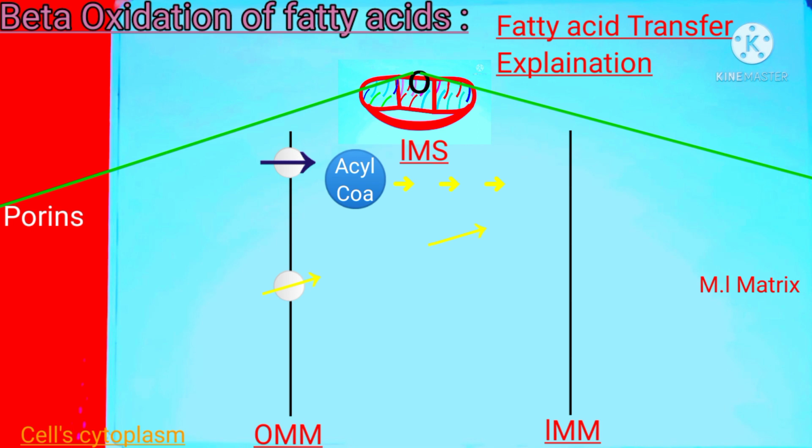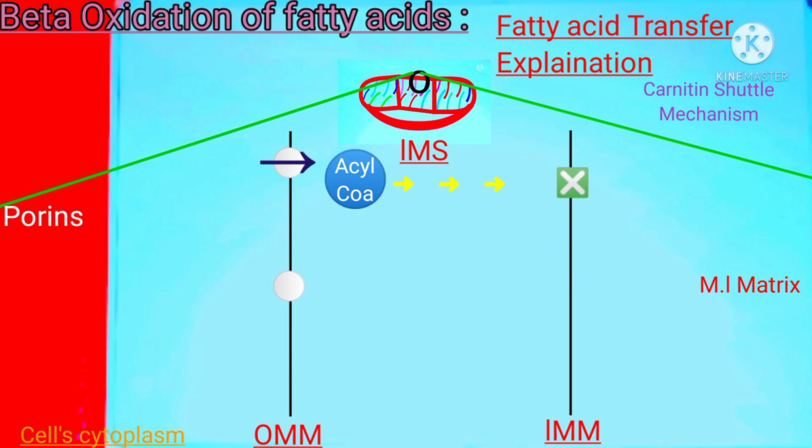On the other hand, the inner mitochondrial membrane is non-permeable to materials like acyl CoA. So we need a special mechanism to pass acyl CoA like materials across the inner mitochondrial membrane into the matrix. This mechanism is called the carnitine shuttle mechanism.